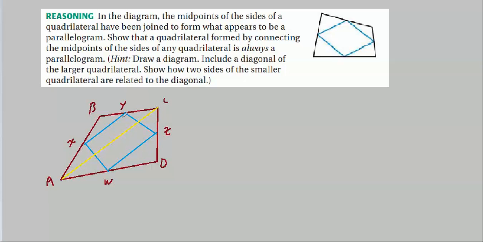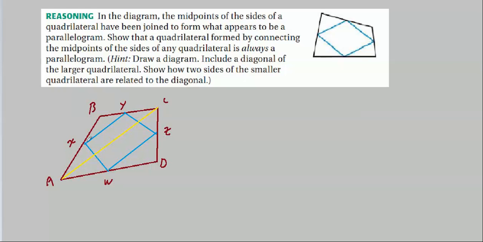And we've showed that, well, we didn't quite show, did we? We showed that this is half of this. What about this one over here? Well, this is a midsegment for this triangle. That means this midsegment must be half of this.